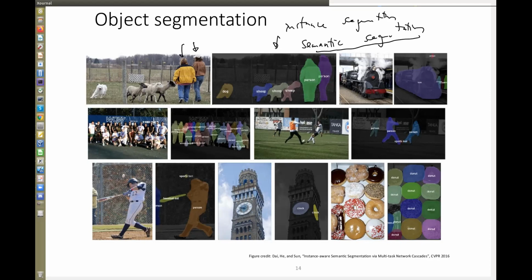You can see for this instance segmentation problem, I actually managed to separate each of these objects, so I know this is sheep one, sheep two, sheep three here. But for the semantic segmentation problem, what it does is just say, for the entire image, I will identify for each pixel whether it belongs to a dog or belongs to a sheep and so on. So in a sense, all these will be identified as sheep pixels or something like that.